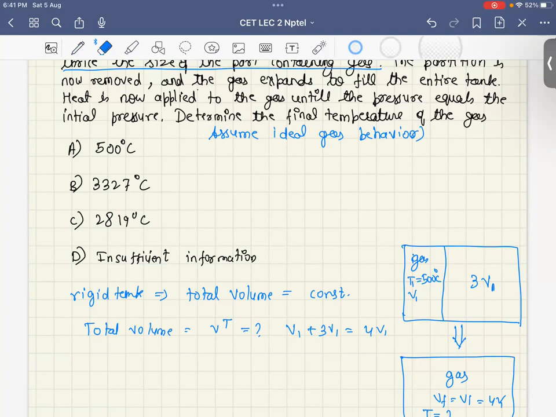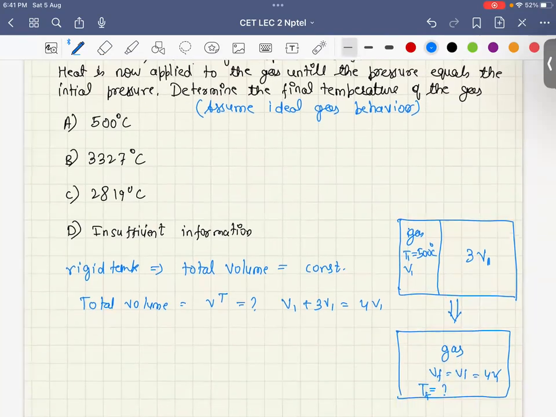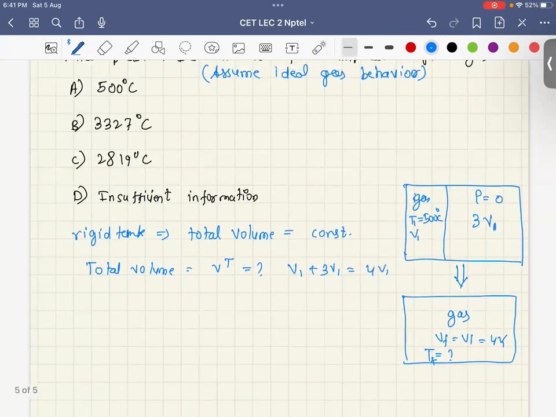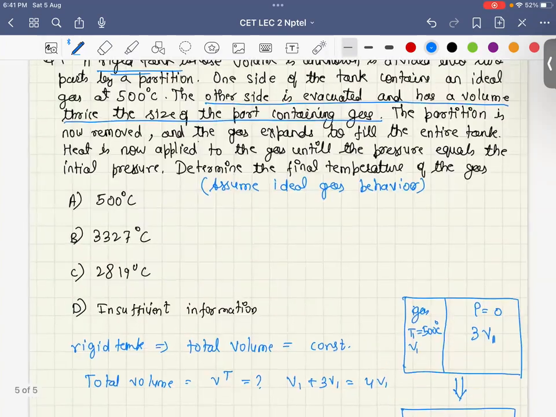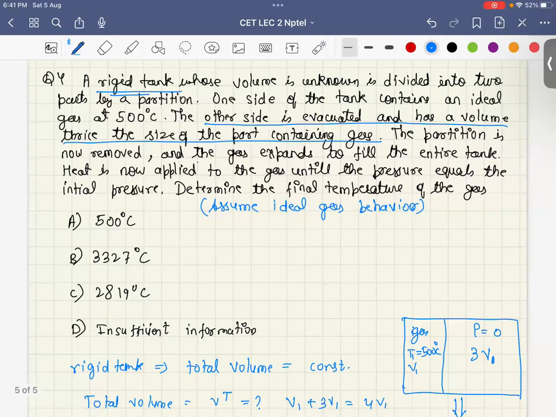So now maybe you will be able to solve this question. Remember that the work of expansion here is going to be 0, because the other side is evacuated, so the pressure is 0.